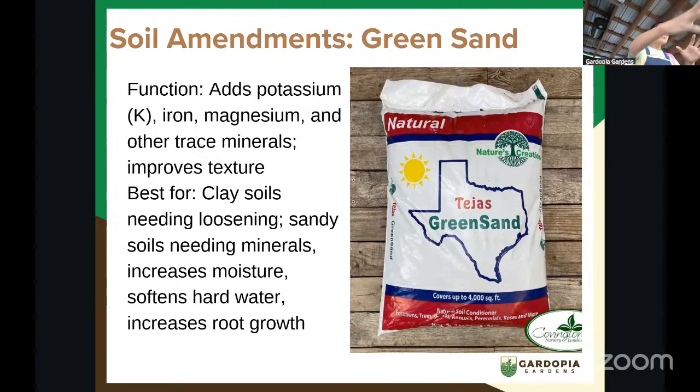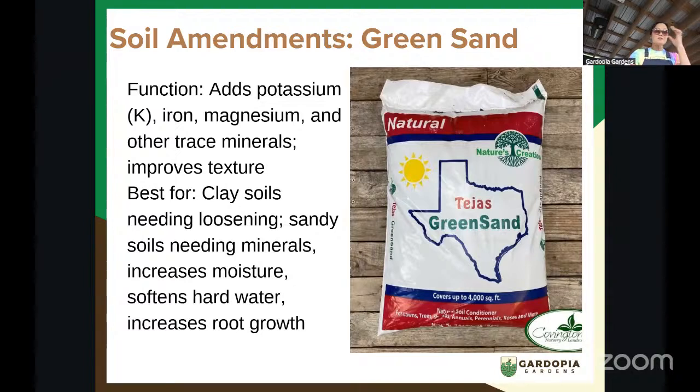And so what they can do is they can nicely scoop that into a bag and sell it to you. And it's green. It's also really pretty. And that introduces a lot of micronutrients into your garden. And so a great addition of potassium, iron, magnesium, and other trace minerals to your garden. And so it's really, really good for clay soils that need to be loosened, and then also sandy soils that need nutrients in it.